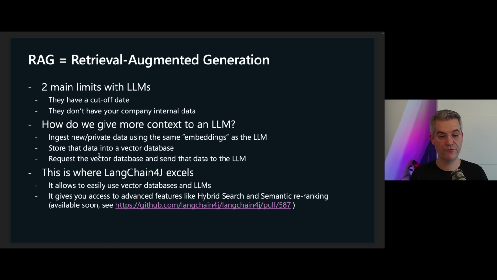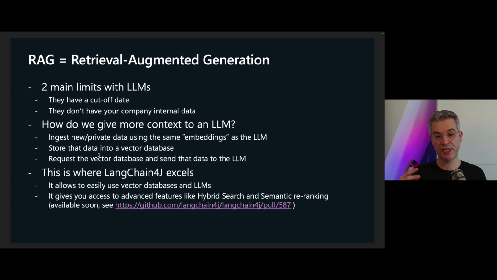And this is where LangChain4j is really good. It already supports more than 10 vector databases, including Azure AI Search, which is the one I'm going to use. But if you want to use Elasticsearch, Milvus, or PostgreSQL, they are all supported. Some of them might be more efficient because they are pure vector databases.